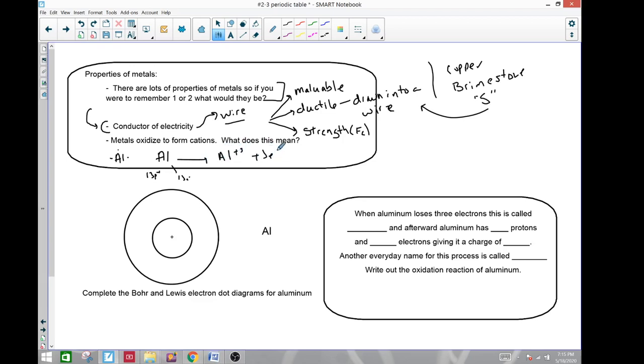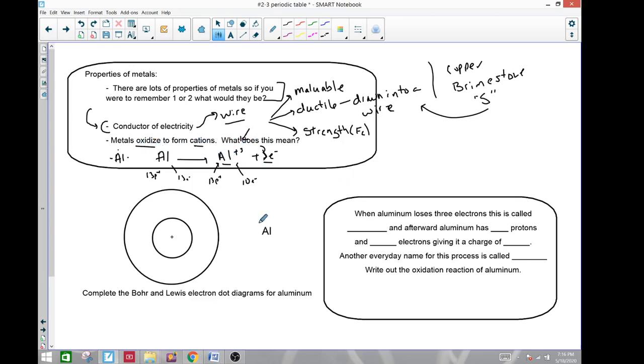It's going to lose 3 electrons to form its most stable charge. Now it still has 13 protons, but it's only got 10 electrons, and there are the 3 that it lost. In nature, this process is called oxidation, and we form metal ions.